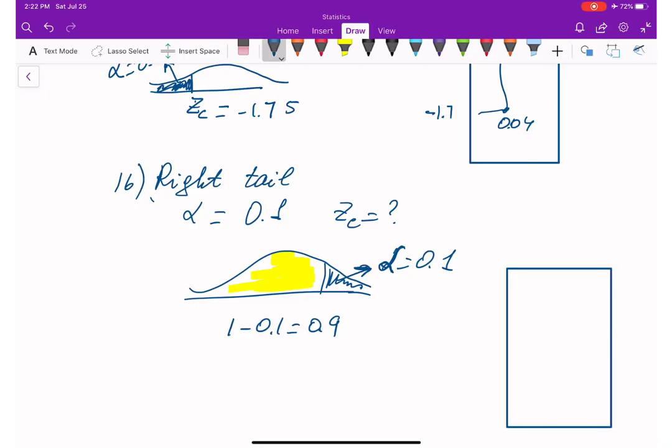So we are looking in the positive table. So here, if this is 0.9, we get 1.2 here and 0.9 here. So z critical is going to be 1.28.